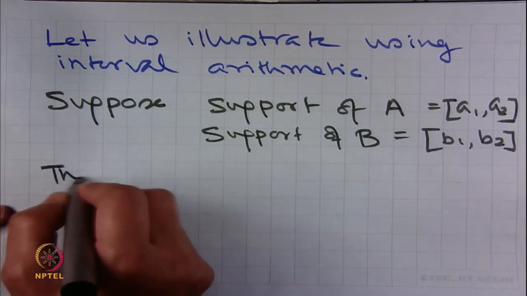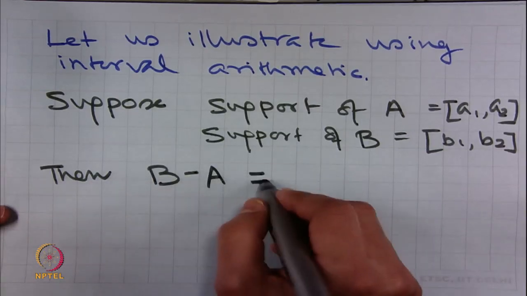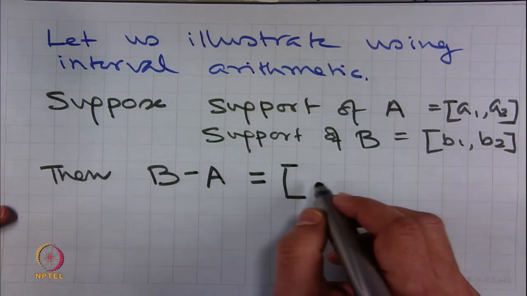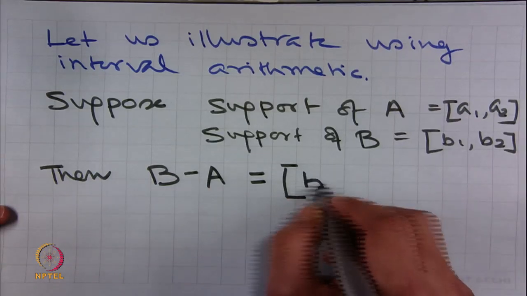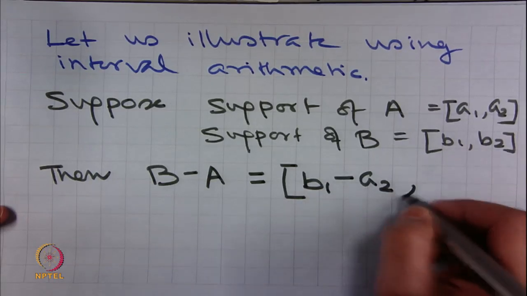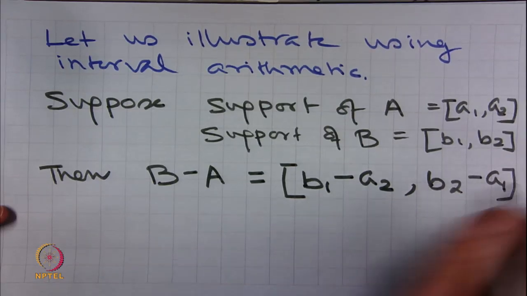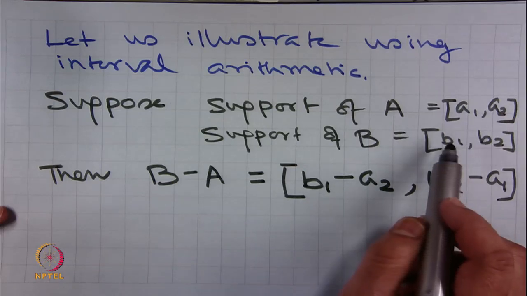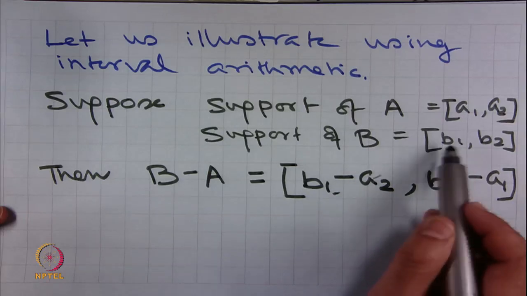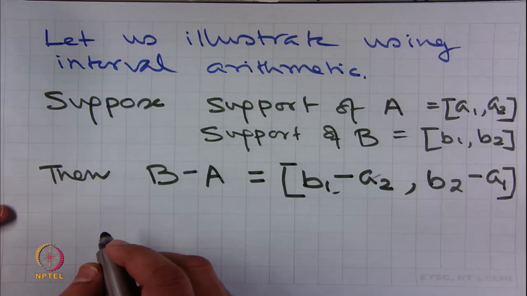Then B minus A, as we know, its support is going to be B1 minus A2 comma B2 minus A1, because the most negative value will be B1 minus A2, and the most positive value that it can have is B2 minus A1.